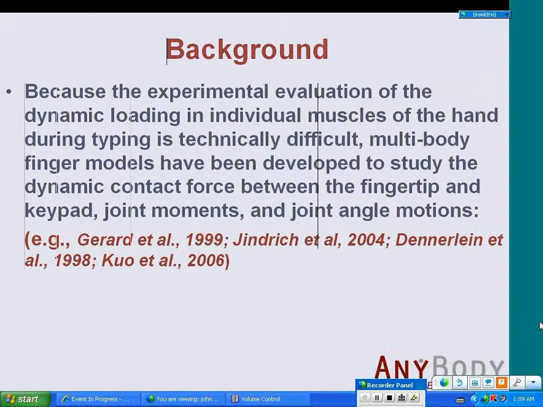Traditionally, such models have been developed to study the dynamic contact and the joint movements, the joint angle motions. However, none of these previous models have been developed to evaluate muscle force.